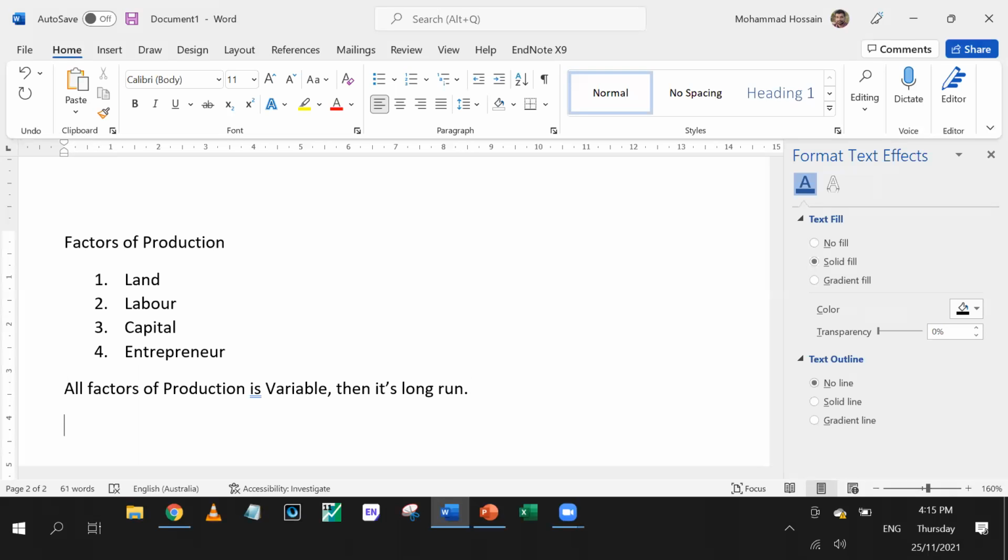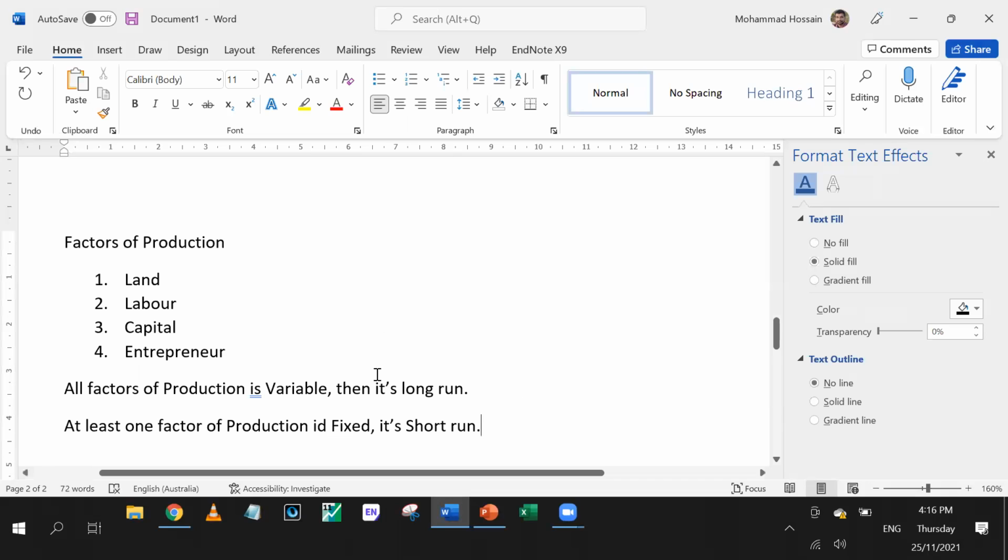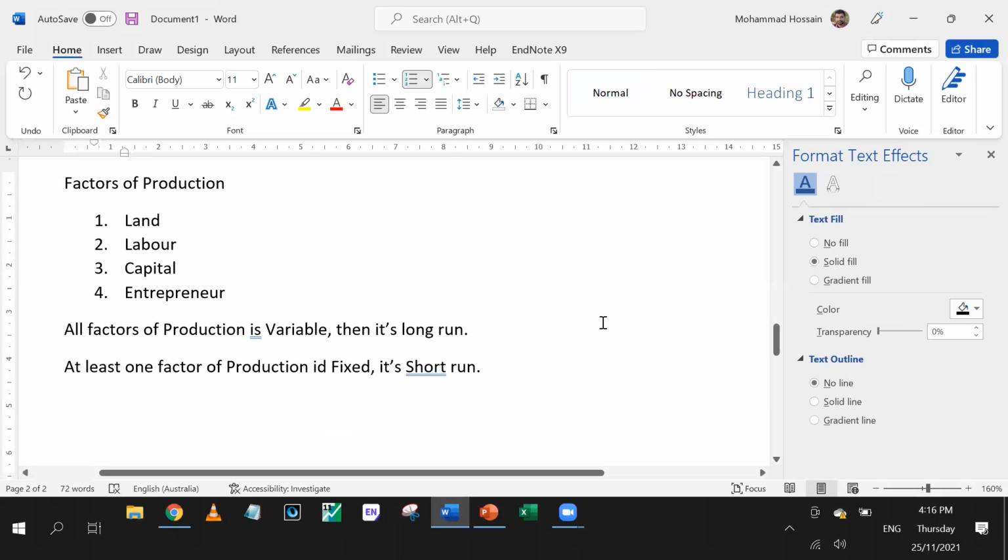When at least one factor of production is fixed, it is the short run. How do we mean by this? Let's say you set up your business. How did you set it up?